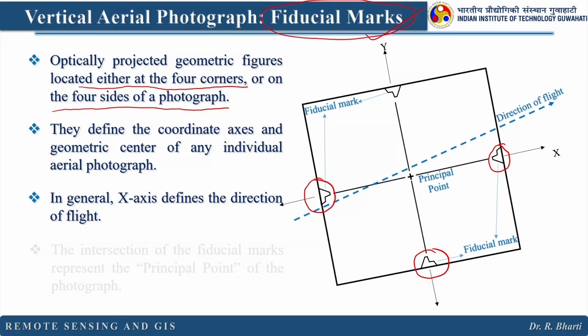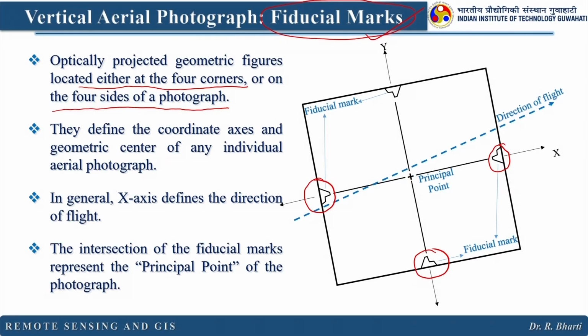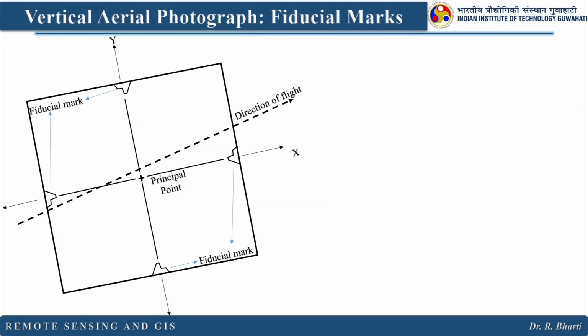In general, the x-axis defines the direction of the flight. The intersection of the fiducial marks represents the principal point of the photograph, right. So that is the center of your image, found by joining these fiducial marks, right. So if you join them, these are fiducial marks.